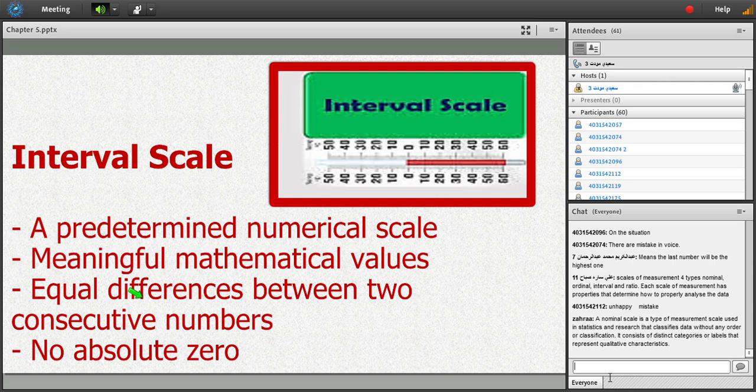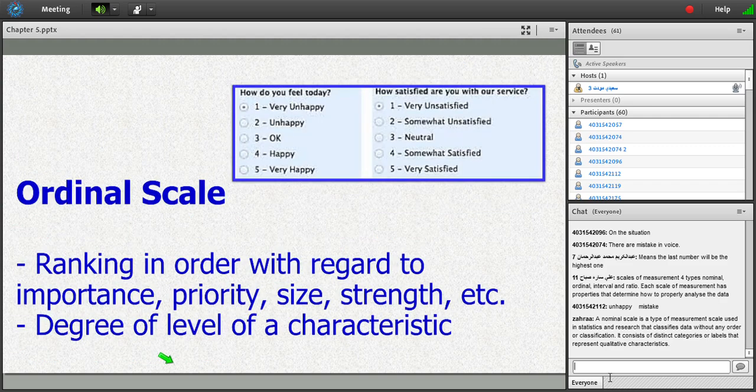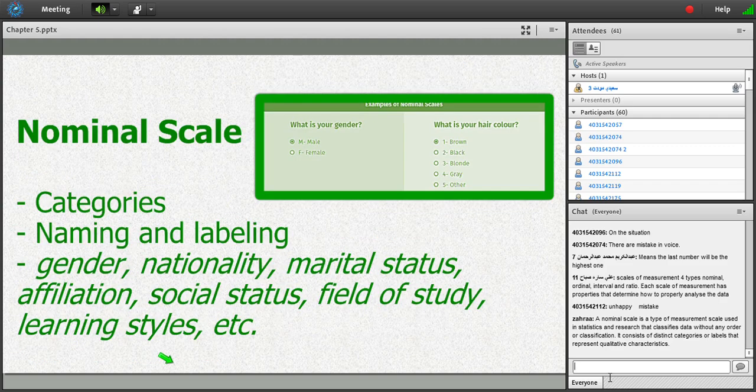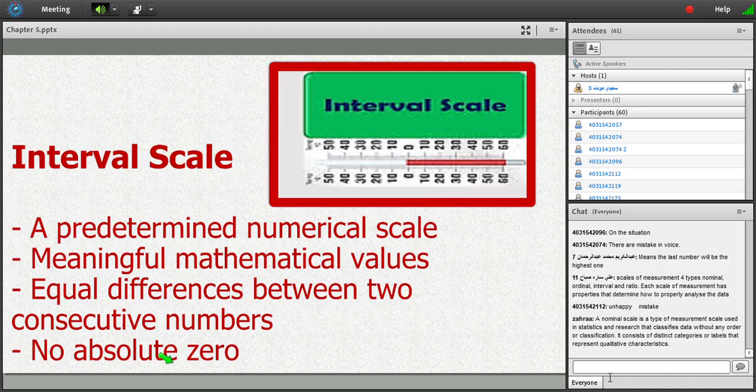Okay? But the criticism for interval scale is that it doesn't have absolute zero. Be careful. Mostly, our scales of measurement in our field of study in English language teaching are interval, ordinal, and nominal. Okay, mostly these are the scales that we use in our research.